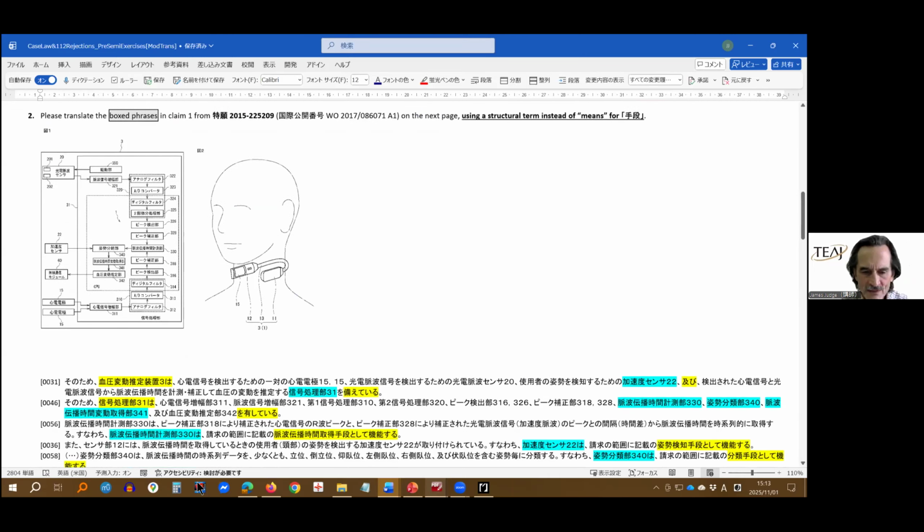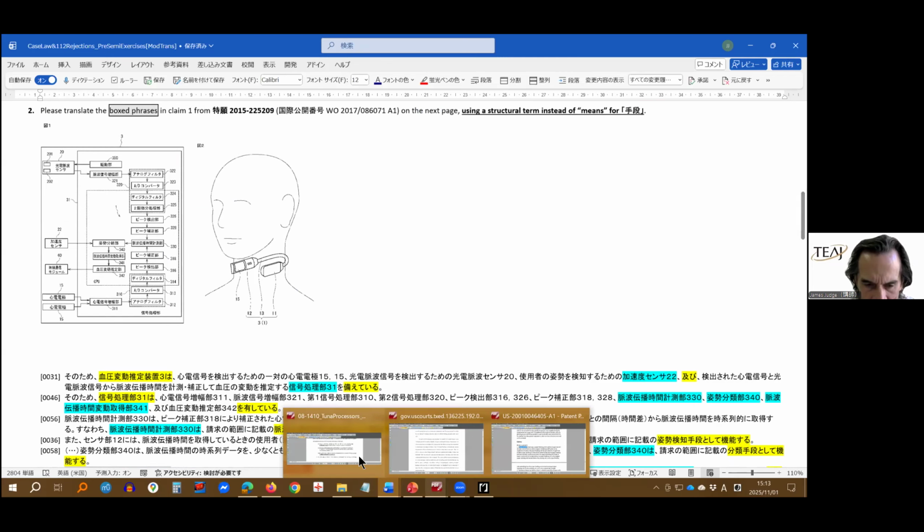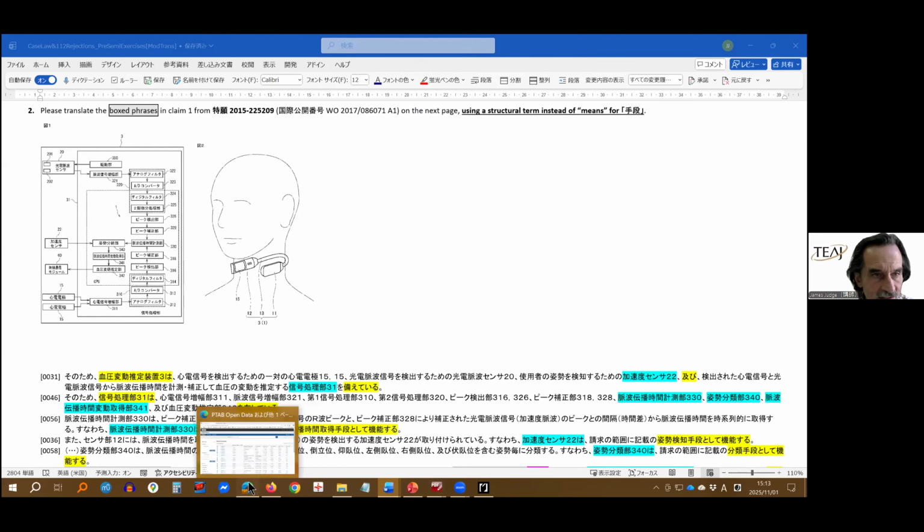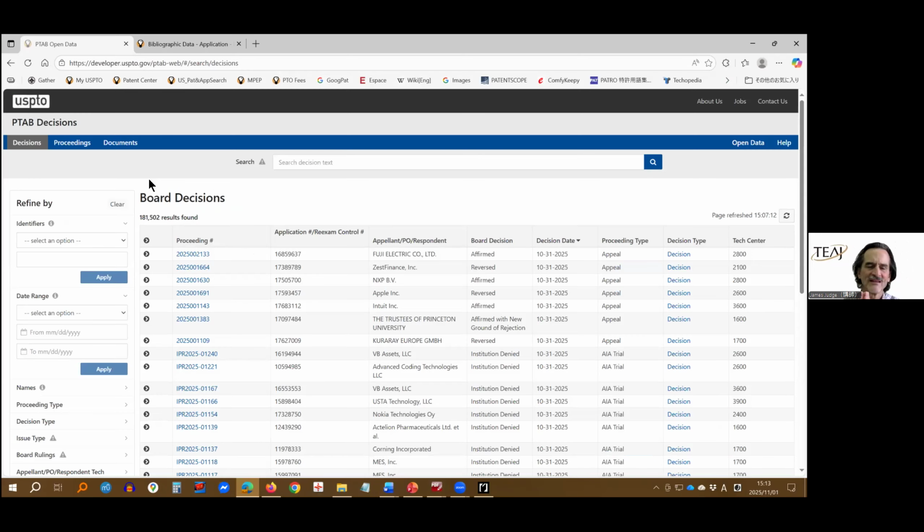All right, let's see. I think we'll go. Oh, I know what I wanted to do was to look at PTAB again. I'm afraid that when I started out today, I was warming up and not speaking very clearly.